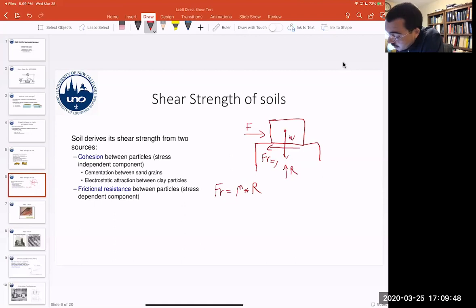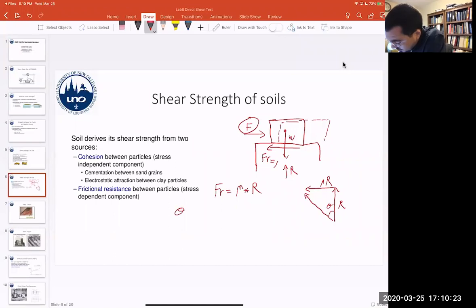And then what's happening is if I keep increasing this F, at a certain time this block is going to begin to move, and that's the limiting force. And if we make a vector relation between these forces, here you will have the reaction force, here you will have mu times R, and here you have theta.